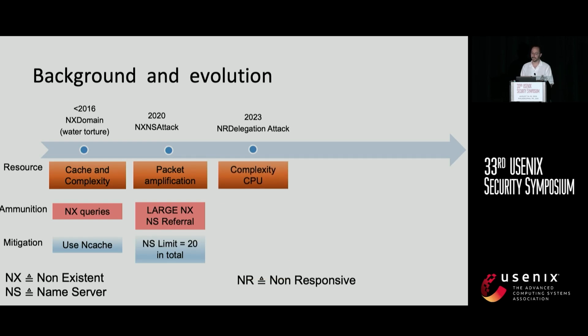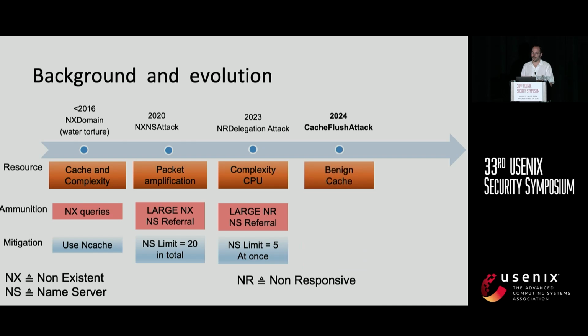Last year, the NR delegation attack, the non-responsive attack. It's a complexity attack on the CPU. They use large NR referrals, and the mitigation was, okay, just limit it to 5 at once. Our attack is targeting the benign cache.